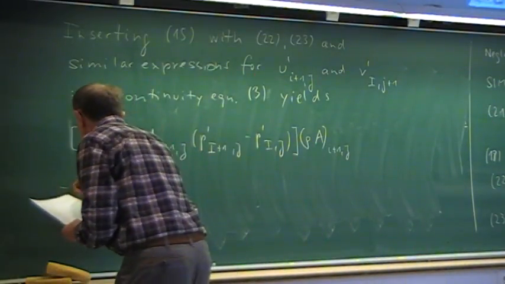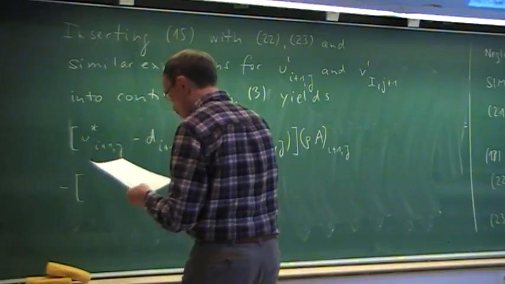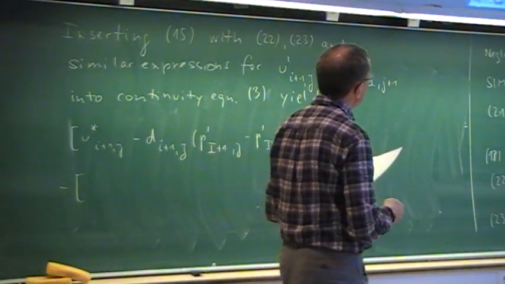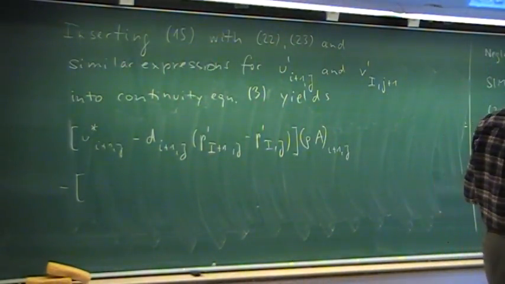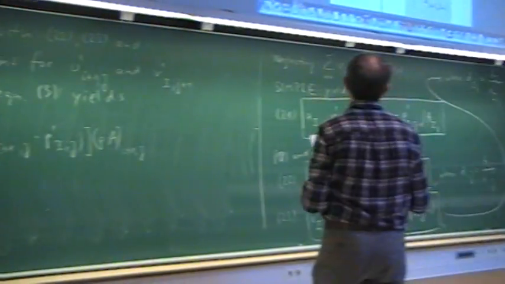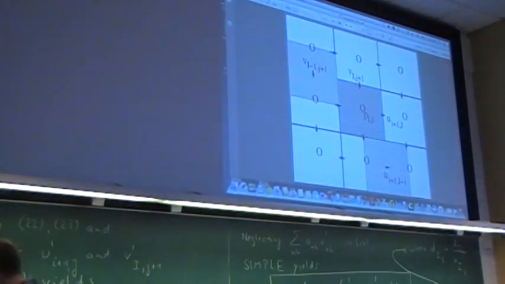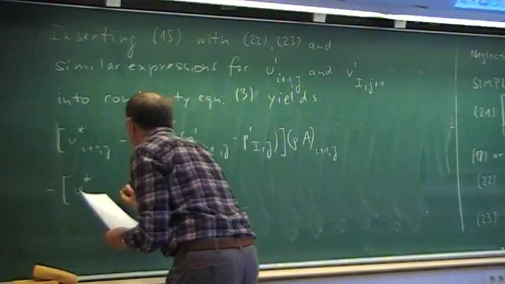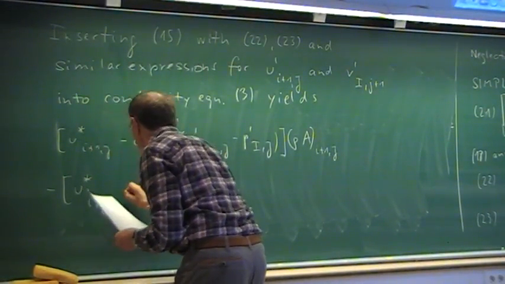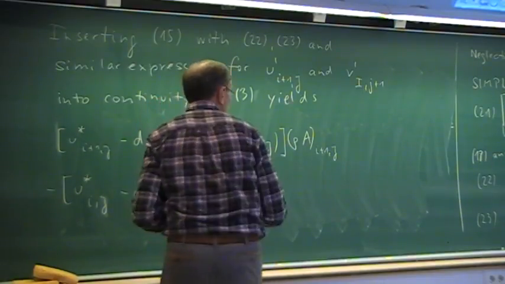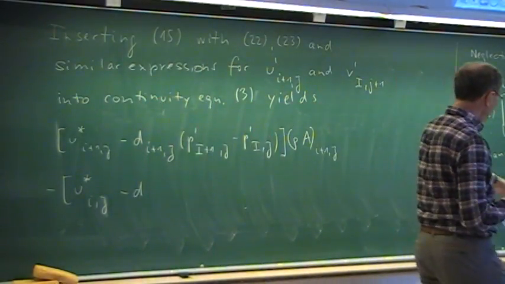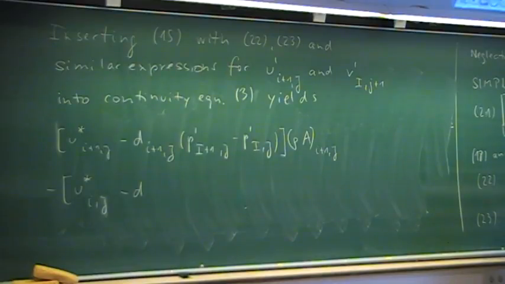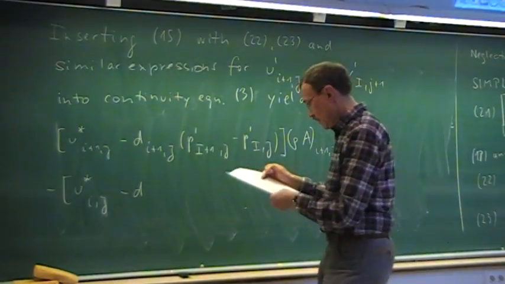Then we subtract the corresponding mass flux that is entering at the western face. That is the u star ij, minus the d. And here we use now this for the u prime, d ij, we have it here. I've derived it.